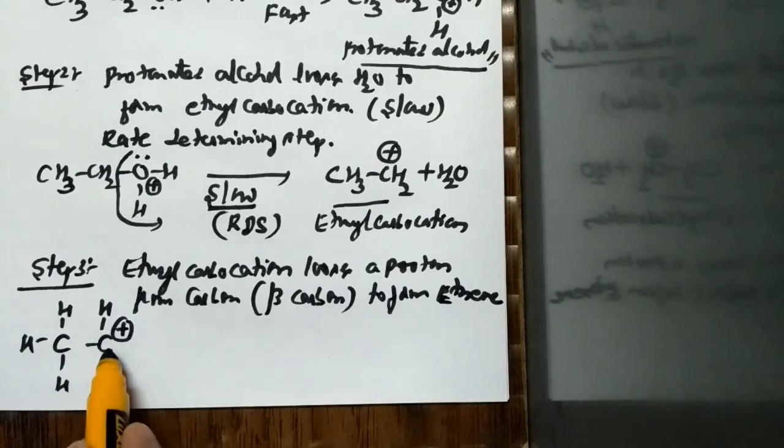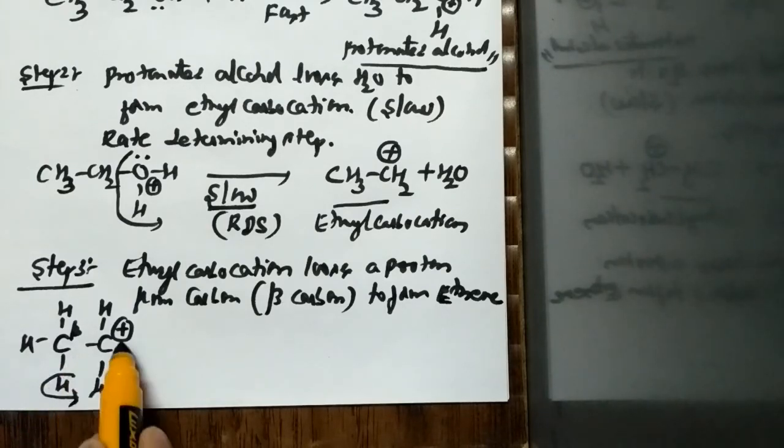This was the carbon to which the OH group was attached. Hence this carbon will become the alpha carbon. This carbon is the beta carbon. From the beta carbon, hydrogen gets eliminated as a proton. This carbon is deficient. Now this carbon is electron rich.